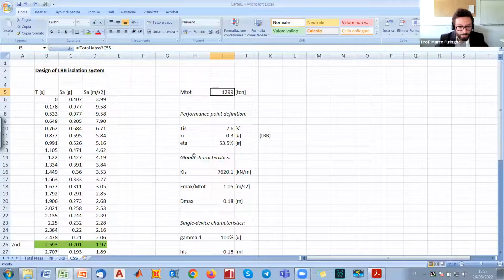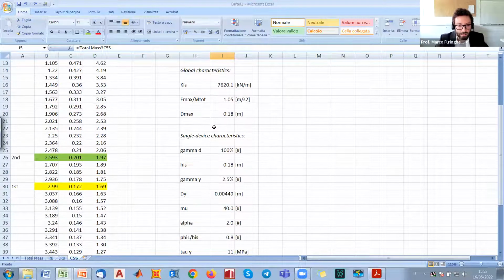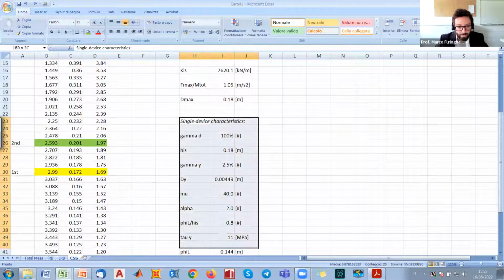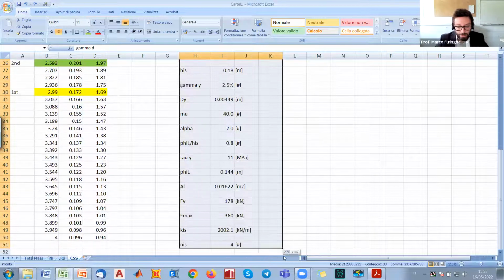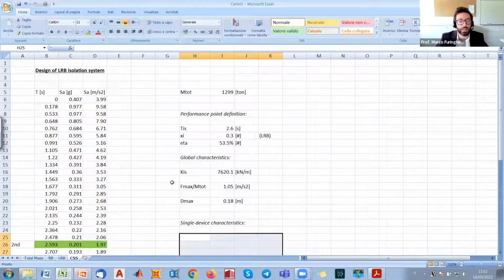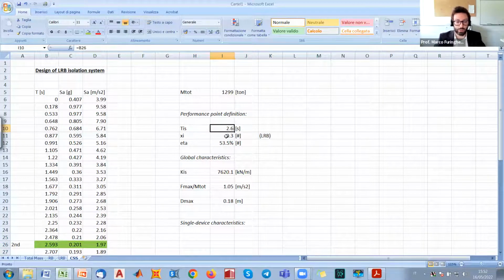This is always the same, the mass, and then let's erase all these characteristics which will be different for curved surface sliders. Okay, so let's consider again 2.6. Now we have seen that for this particular case study structure, 2.6 looks like a good period value.